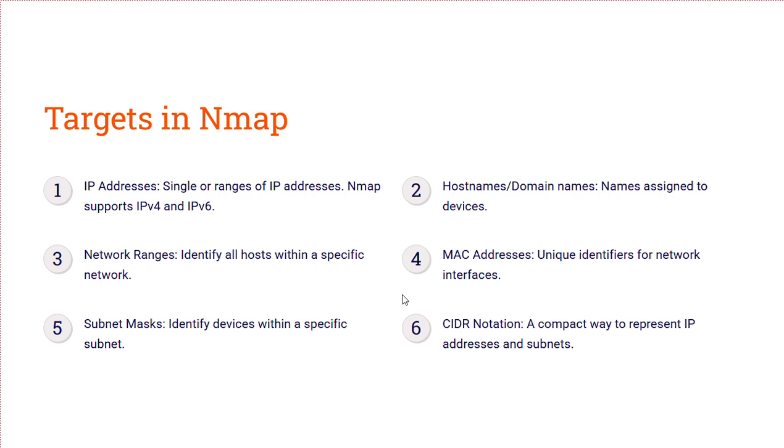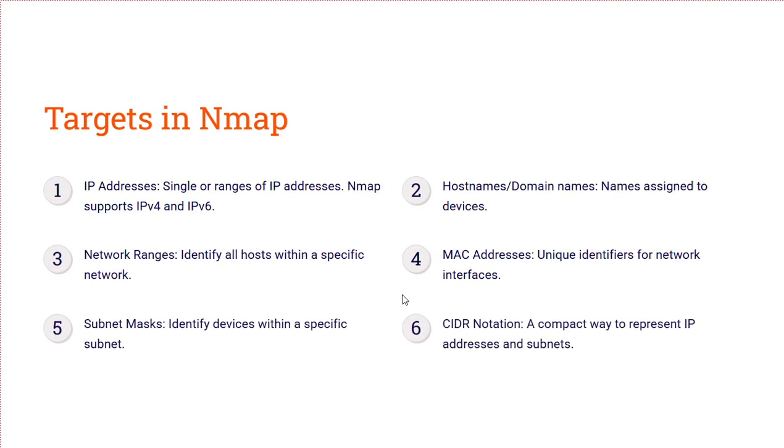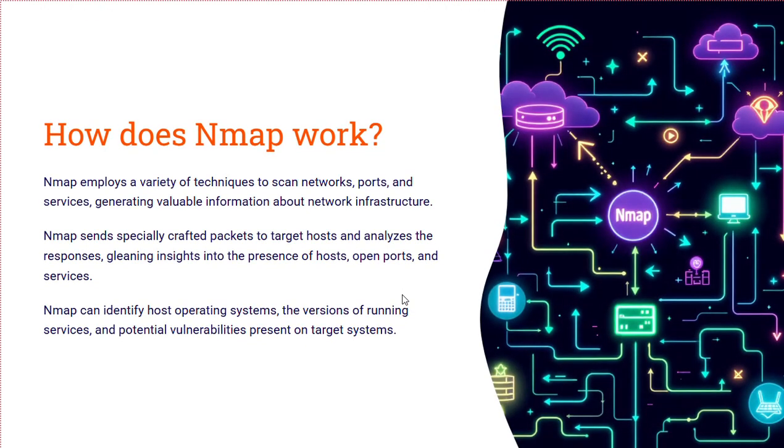So you need to have an idea of what IP addresses are, what MAC addresses are, what subnets are, the CIDR notation, and a lot more. So make sure you take your time to understand these things before you begin to interpret reports provided by Nmap.